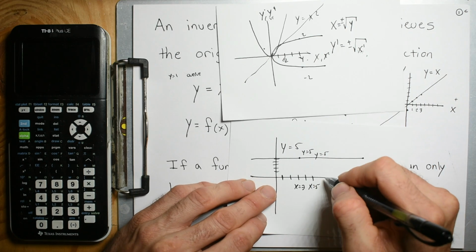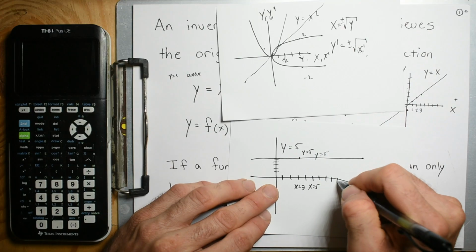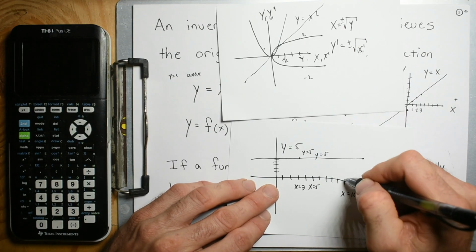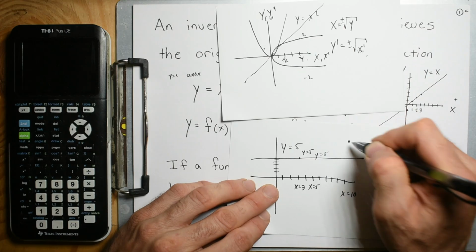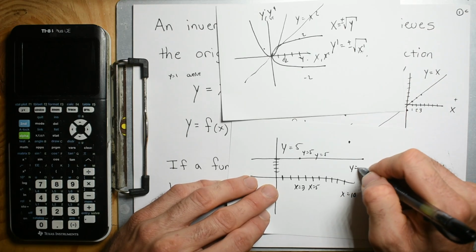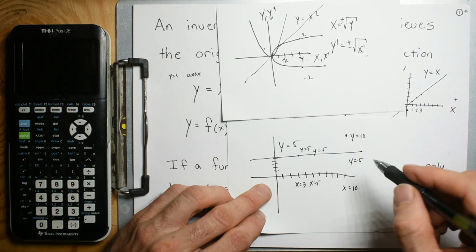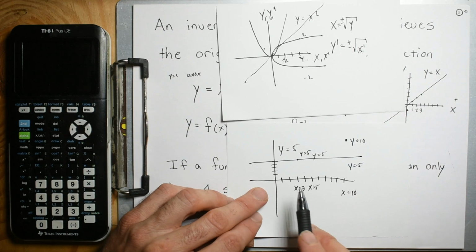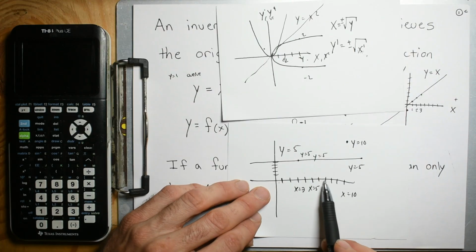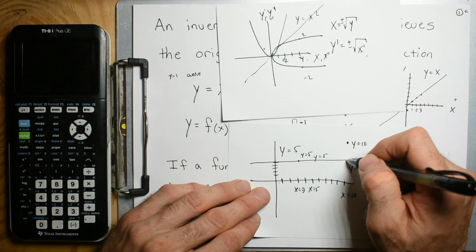This doesn't contradict the idea that if I choose x equals 10, I'm not getting y equal to 5 and y equal to 10 at the same time. That's not happening. So that's the definition of a function: every input, which is your independent variable, can only have 1 value output.